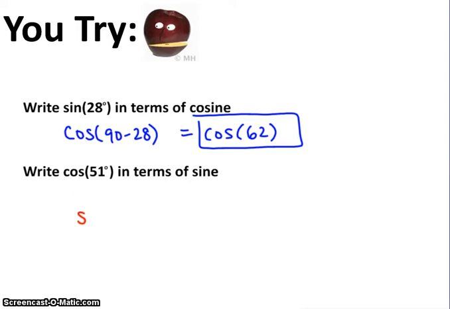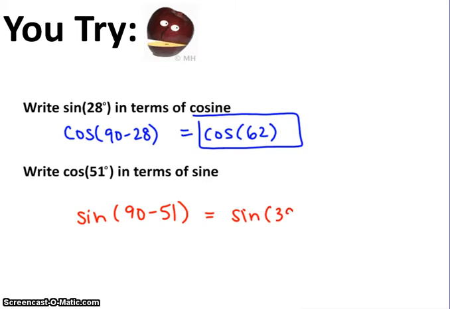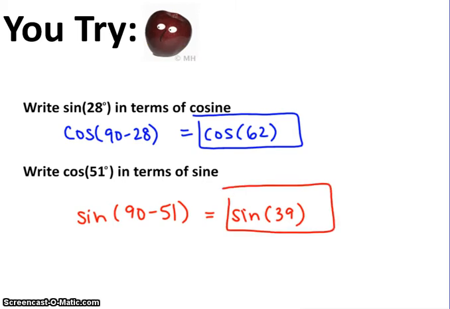Cosine of 51 in terms of sine: 90 minus 51 is 39, so the sine of 39 degrees. Again, go back in your calculator and check, is cosine of 51 the same as sine of 39? If it is, you know that you did it correctly.